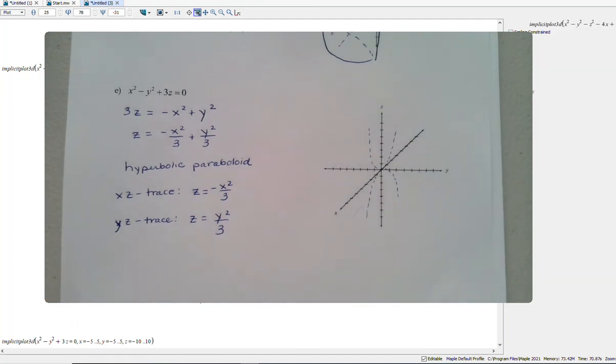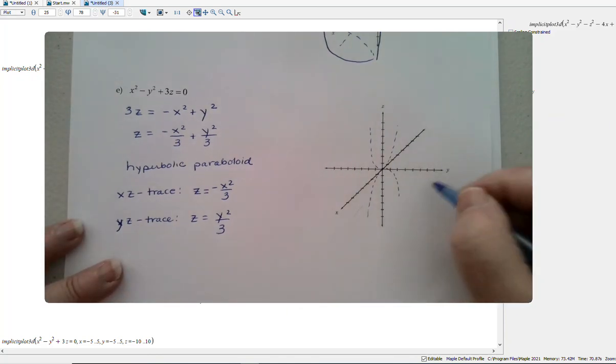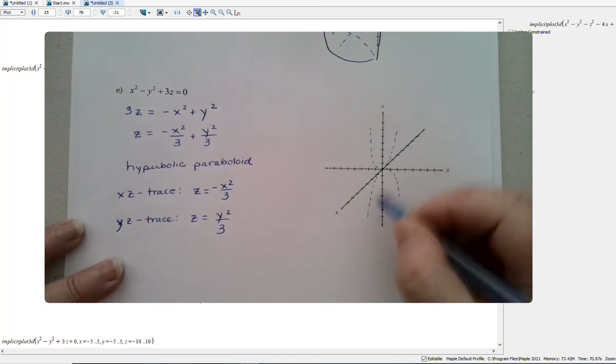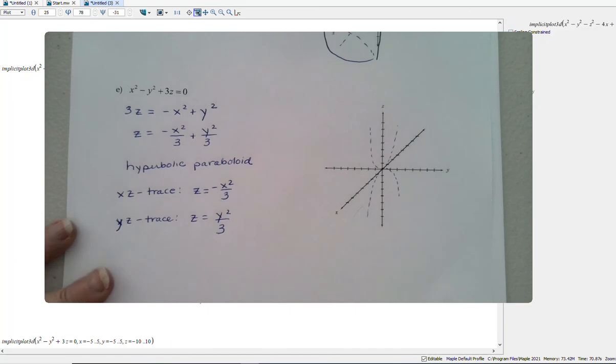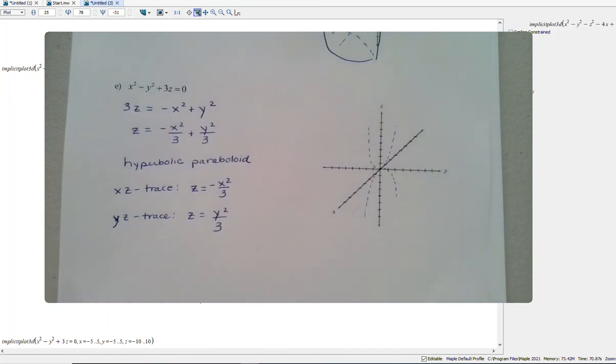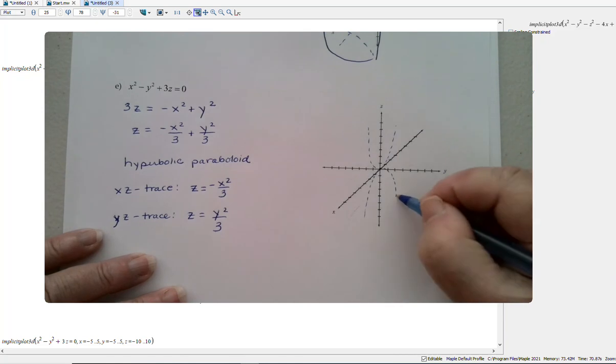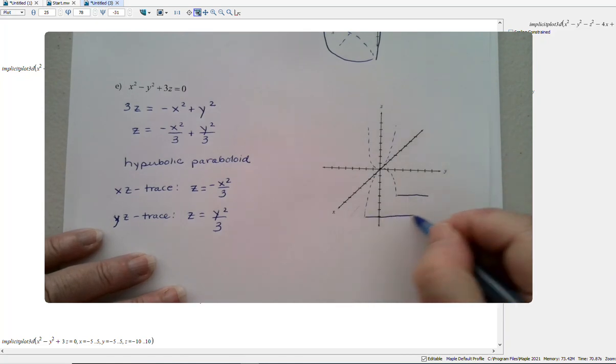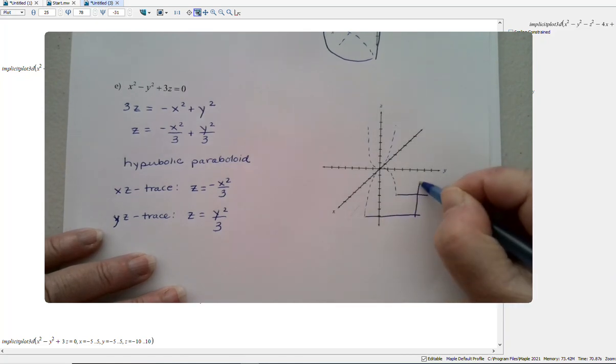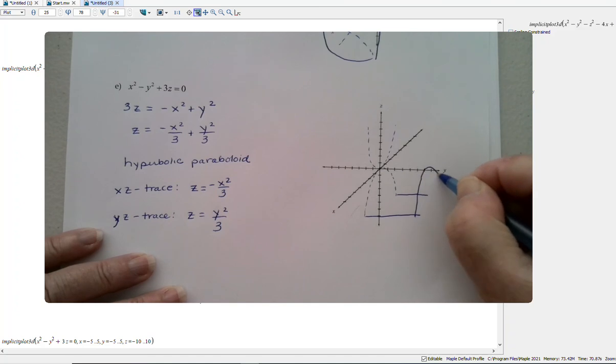All right, here's what I'm going to do. I am going to draw this saddle shape, at least I'm going to try. And I'm going to do that by saying I know that this upside down parabola shape is going to get shifted out here as I go a little bit further. So out here along the y-axis, I'm going to continue to have these sort of upside down parabolas out through the end.